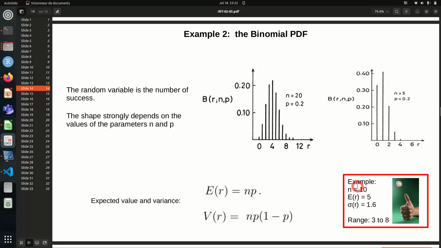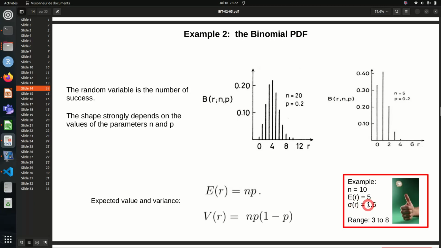So in practice, if you flip a coin where the probability is 50% on one side, 50% on the other side, if you flip 10 times, on average, you will have 5 on one side, and the standard deviation is going to be about 1.6.